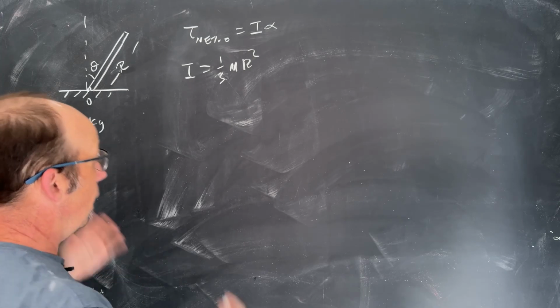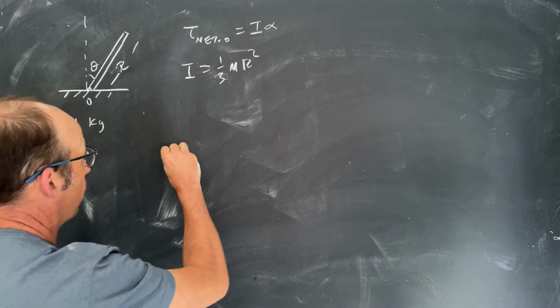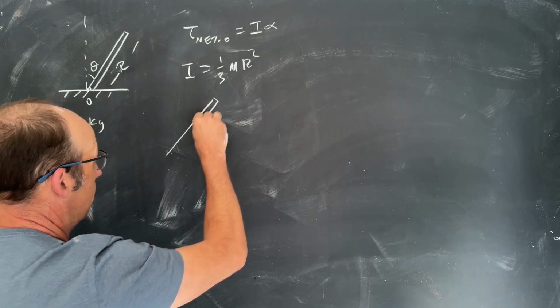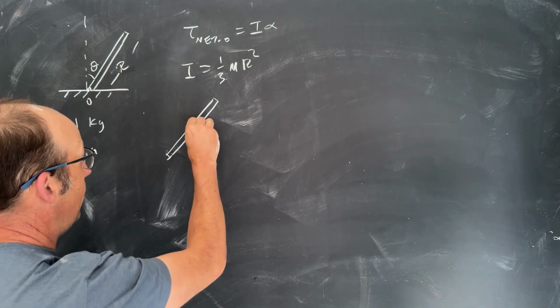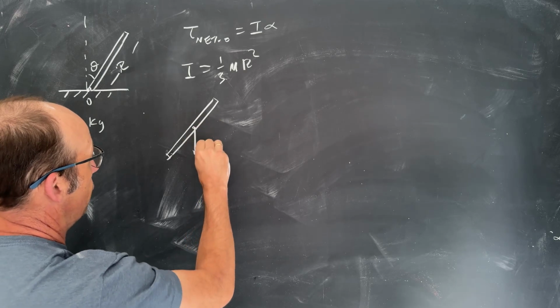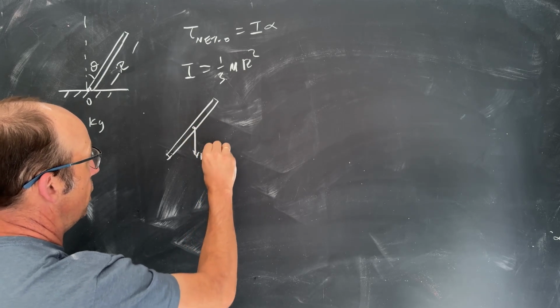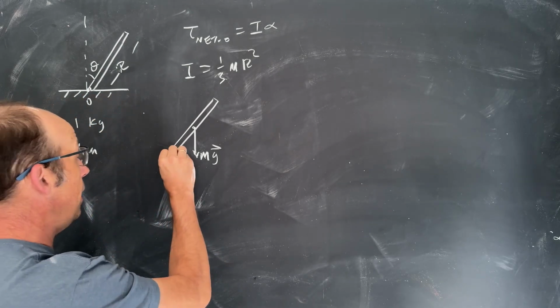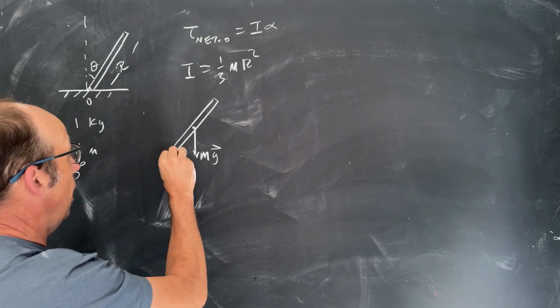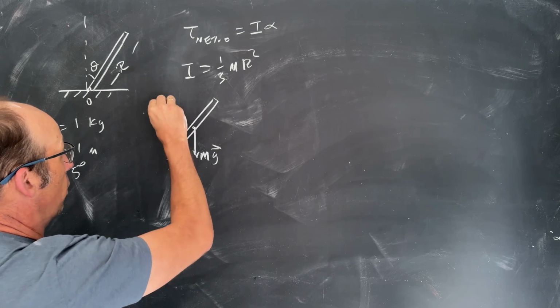What about the torque? Let's just draw the stick and let's draw all the forces acting on the stick. So here's my stick, and I have the following forces. In the middle, I have a gravitational force mg pulling down. That's the center of mass. It's a uniform stick. And then over here, I'm going to have an upward pushing normal force.